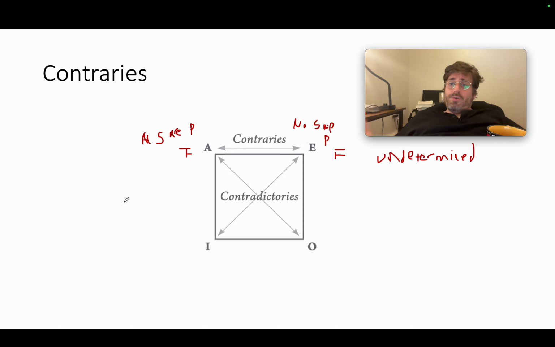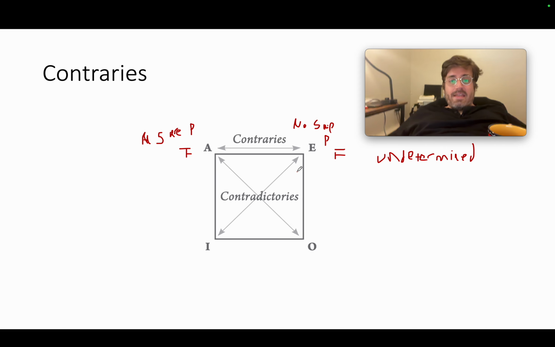We have two kinds of opposition contradiction, which is A and O, and E and I. And then we have our relationship of contraries, A and E. A and O take completely opposed truth values. If A is true, O has to be false. If O is true, A has to be false.